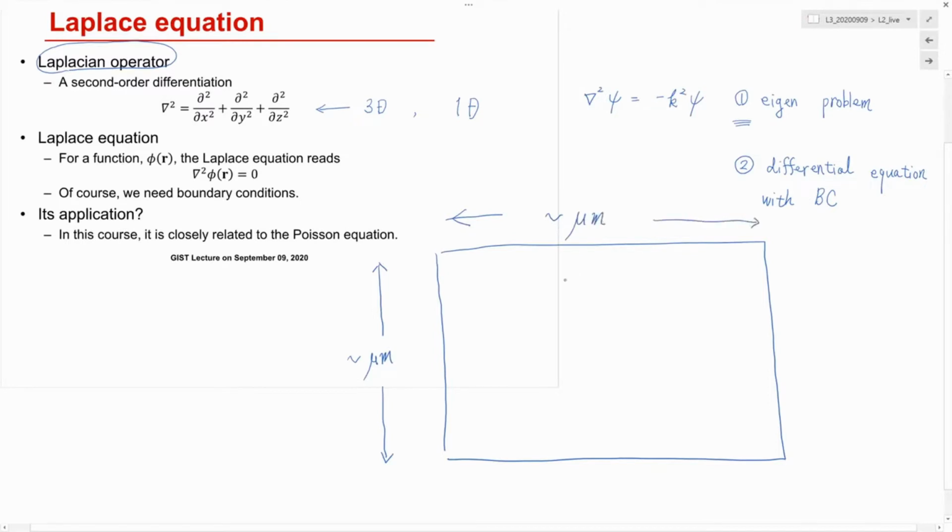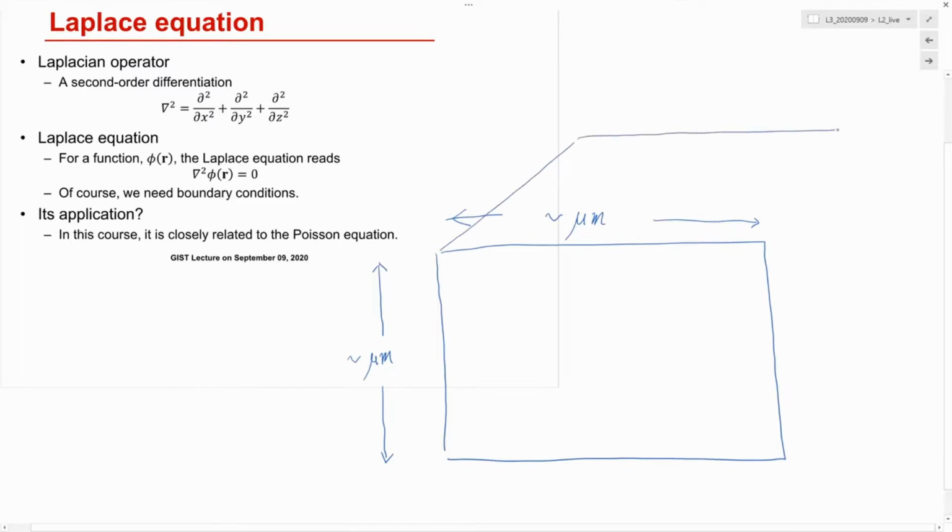Although I have drawn it as a two-dimensional structure, we can easily understand there is a third dimension, also at most micrometer scale.